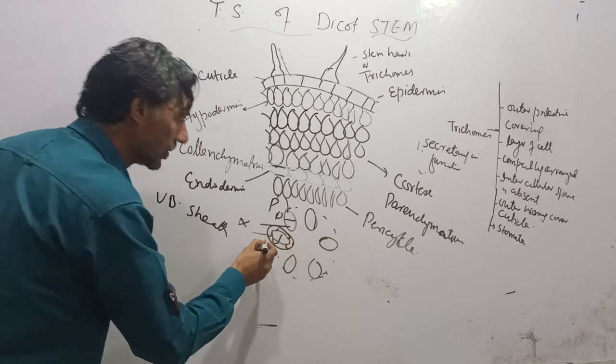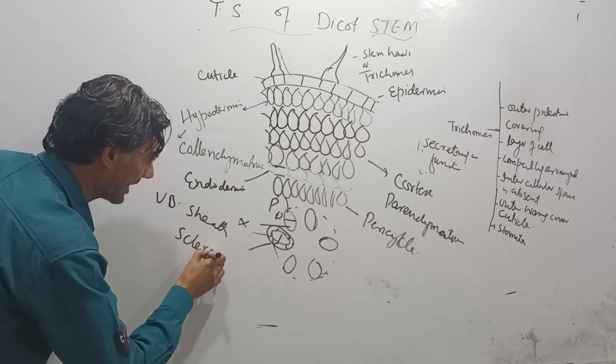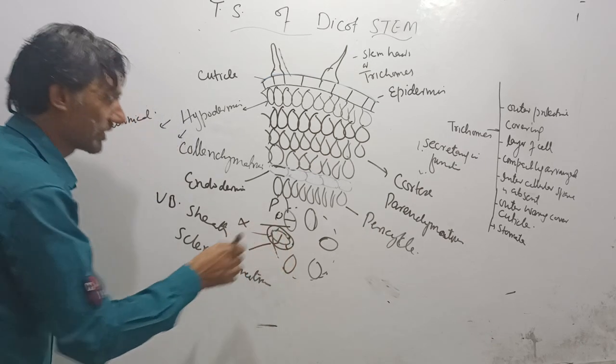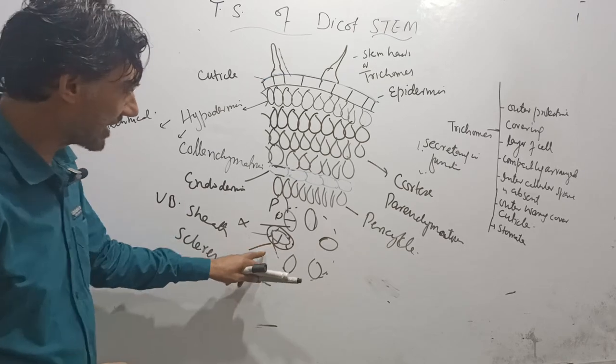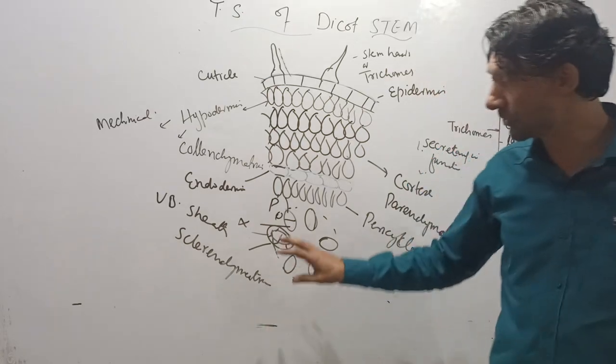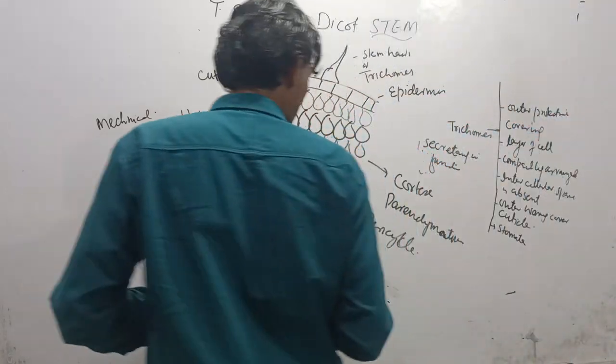That sheath is sclerenchymatous, so it gives mechanical strength to the vascular bundle in dicots.